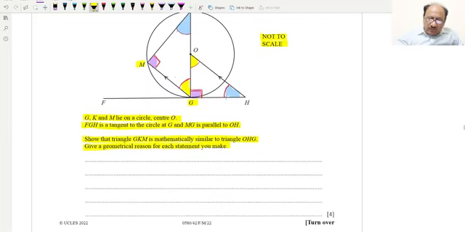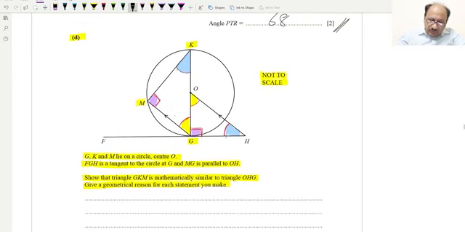So first of all, we made a statement. What was our first statement? Our first statement was that angle GMK is equal to 90 degrees.